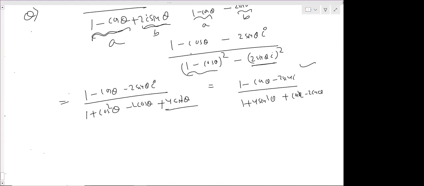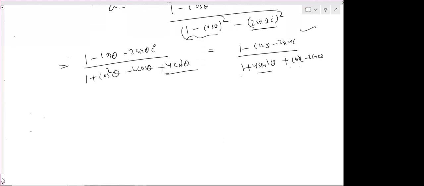Sir, can you read the denominator in the last step? 1 plus 4 sin square theta plus cos square theta minus 2 cos theta. Okay, so this is clear.